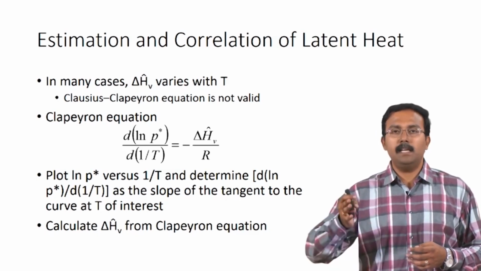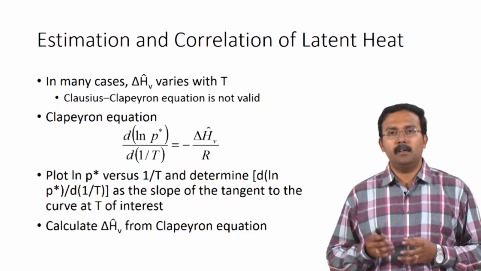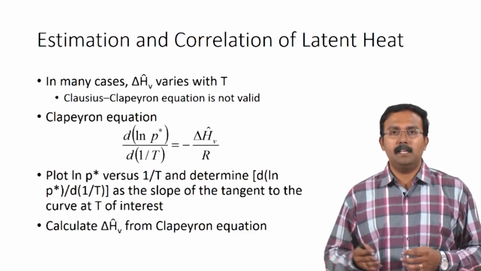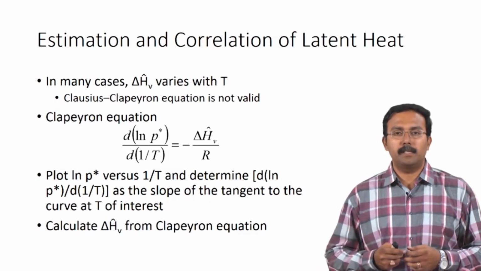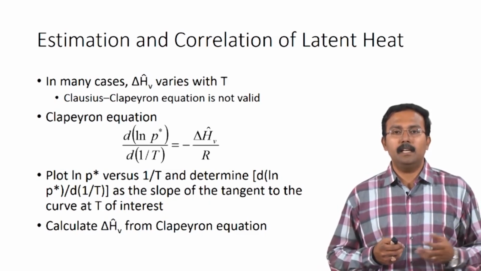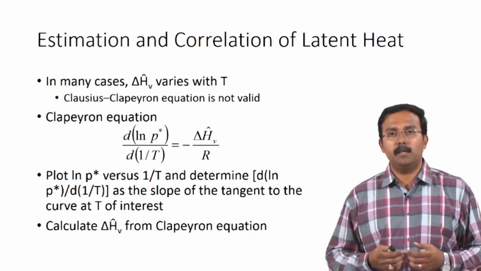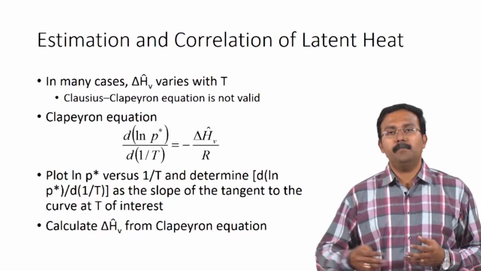As the slope changes, delta H cap V would also change, indicating the change in heat of vaporization as a function of temperature. So, this delta H cap V can be calculated by plotting this curve and finding the slope of the tangent.